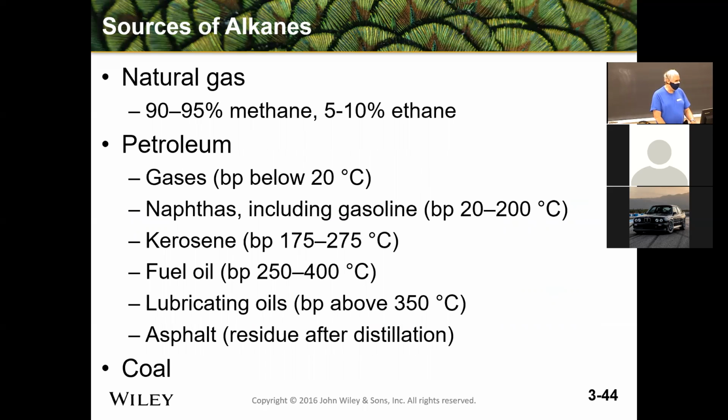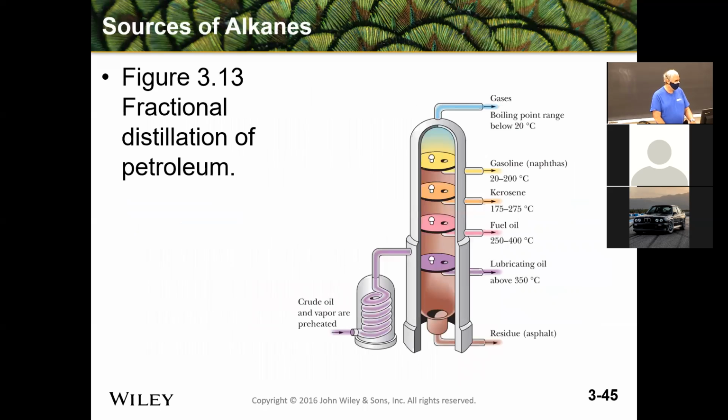Recognize the sources of alkanes and the products that we get from petroleum. These are separated by fractional distillation, which represents differences in boiling point ranges, I should say. The residue that is not distilled is asphalt.